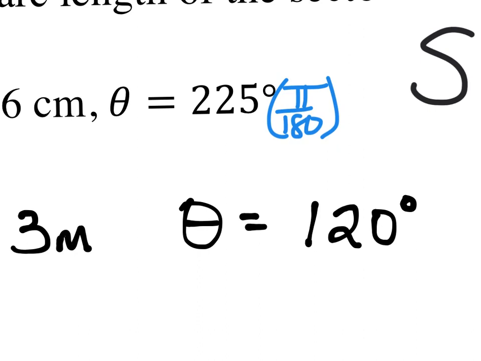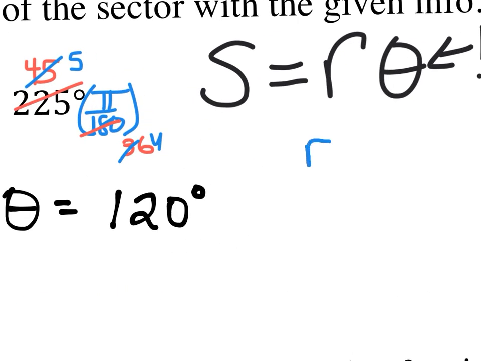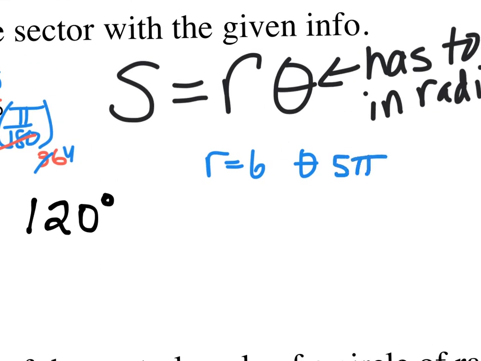Okay, 5. 5 goes into 225 how many times? 45. 5 goes into 180 how many times? 36. And divide by 9. 9 becomes 5 and 4. So I have a radius of 6 and a theta of 5 pi over 4.